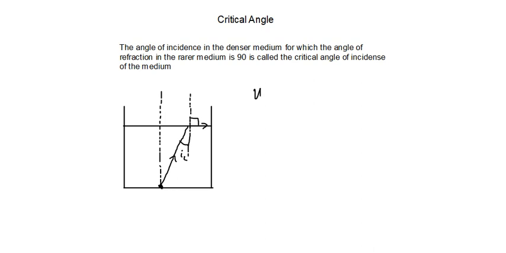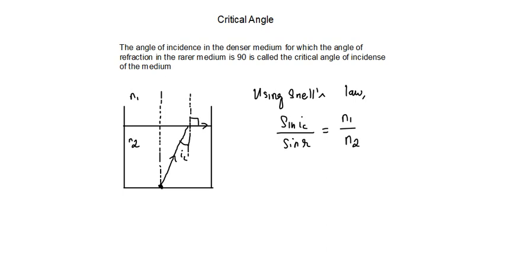So using Snell's law, we can write sin IC by sin R equal to, let's say N2 is the refractive index of this medium and N1 is the refractive index of the second medium. Always we take the next medium in which the ray is traveling into. The ray is going from denser to rarer, so it is going into N1. So in the numerator it would be N1 and in the denominator it should be N2.